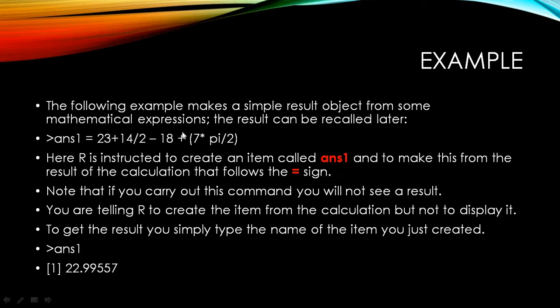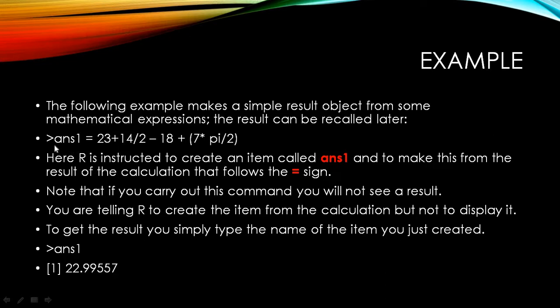Now for example, let us say if I write answer 1 equals to this mathematical operation, the entire operation, that is 23 plus 14 by 2 minus 18 plus 7 multiplied by pi divided by 2, this entire thing can be saved with the name answer 1. So the named object for this entire operation is answer 1.